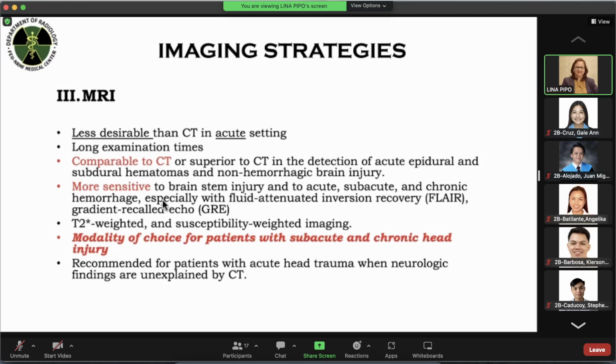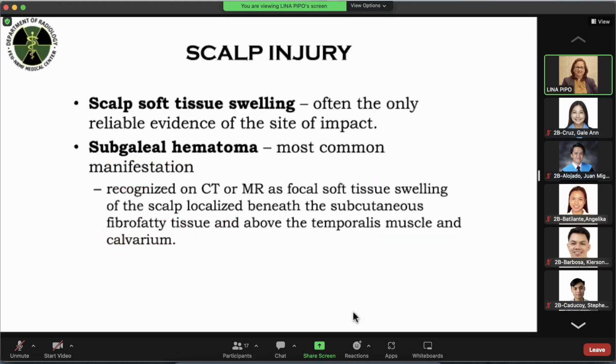It is more sensitive to brainstem injury and acute, subacute, and chronic hemorrhage, especially with FLAIR, or fluid-attenuated inversion recovery, and gradient recalled echo, or GRE. The T2-weighted and susceptibility-weighted imaging would be helpful, and this is the modality of choice for patients with subacute and chronic head injury. It is recommended for patients with acute head trauma when neurologic findings are unexplained by your CT scan.